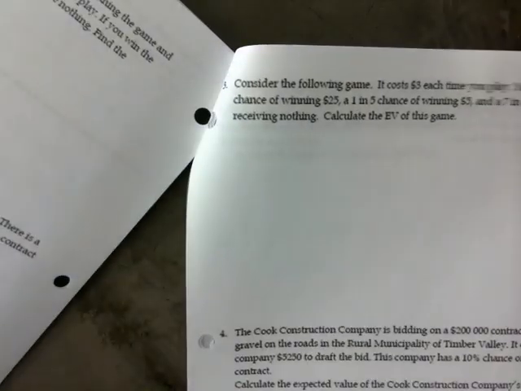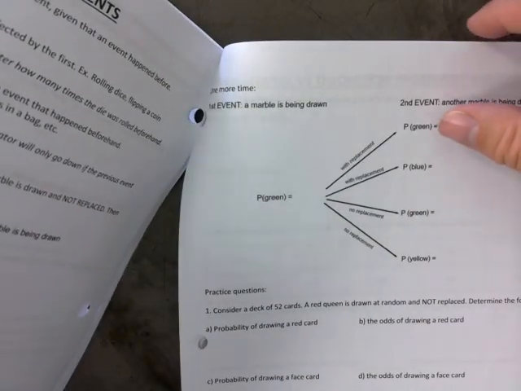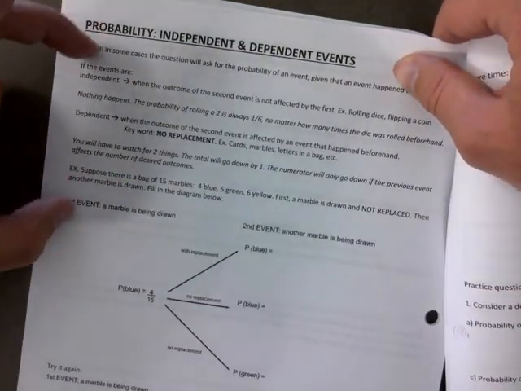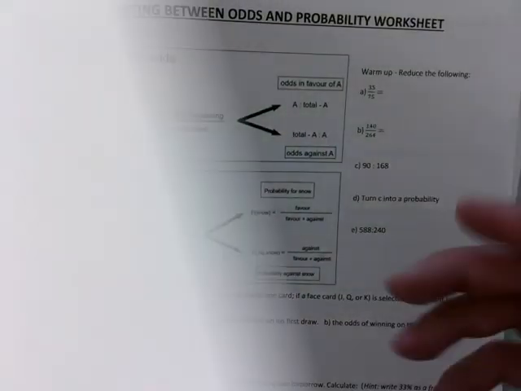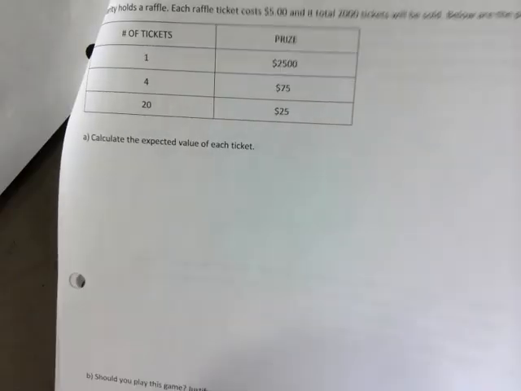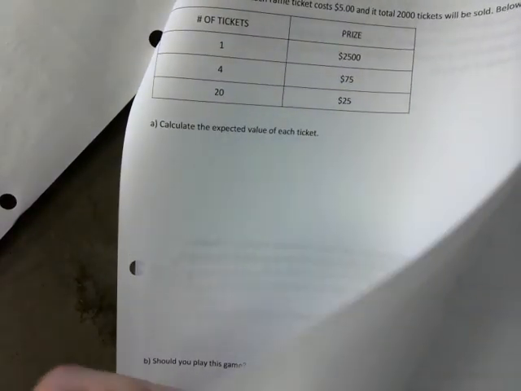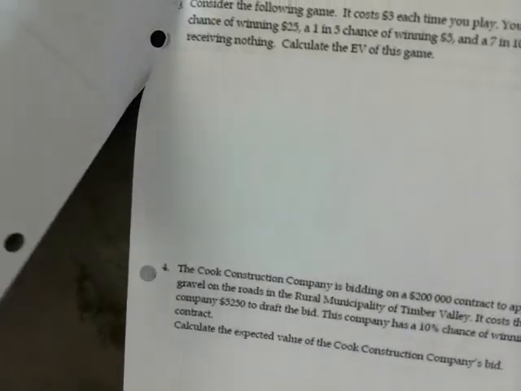For the rest of the book, it's just questions. Even here, it looks like new material, but it's just a review. It's just the probability of dependent and independent events, converting between odds and probability. All the other questions that you haven't done, you can do. Make sure you review stuff that you didn't do well on the quiz.